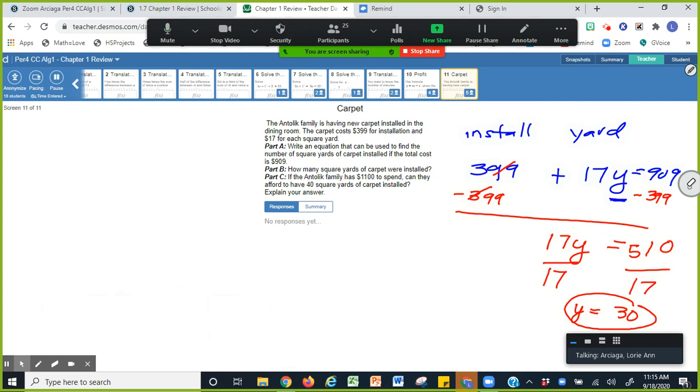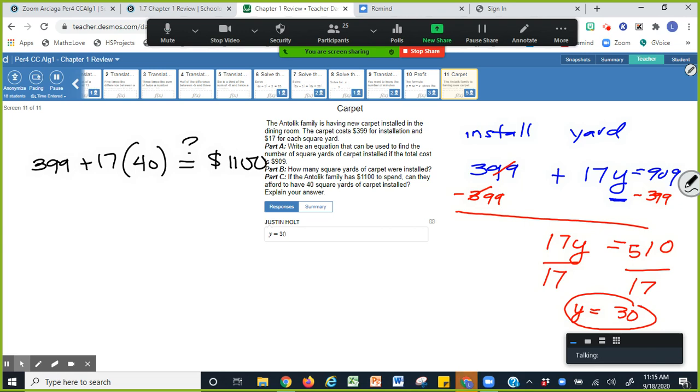Oh, let's see. Well, how much would it cost to install 40 yards? Let's see. $399 plus 17. They want to install 40 square yards. And let's see how much would that be. They only have how much? 1,100. Okay. So let's see what 17 times 40 is. So 17 times 40 will become 680.